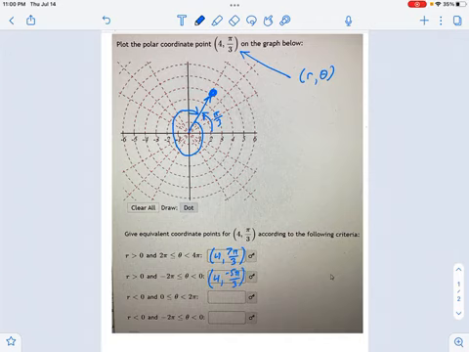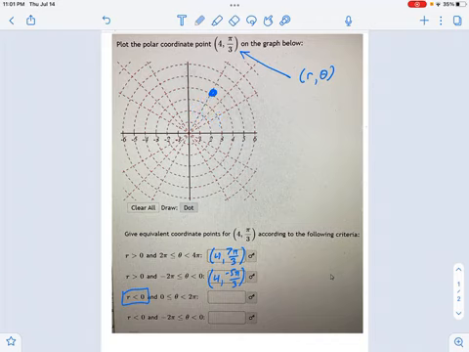And now, here's where it's going to maybe twist your head up a little bit. When r is negative, what does that mean? Well, if this was a positive r that I drew right here, a negative r would just mean going backwards. So how could I get to that point by going backwards? Well, here's how it works.